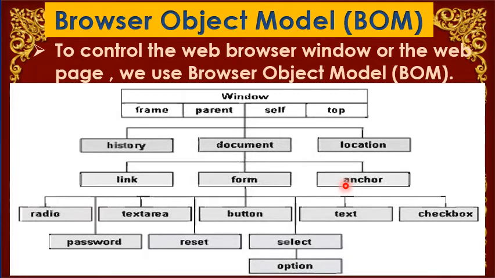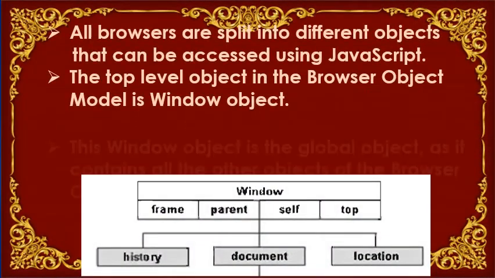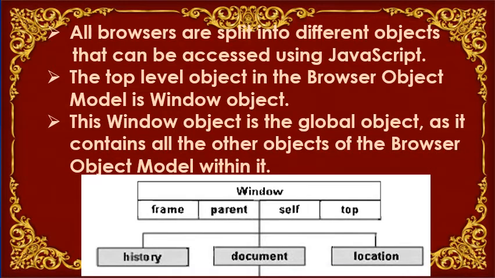So this window object is the global object, as it contains all the other objects of the browser object model within it. All browsers, may it be Google Chrome or Mozilla Firefox or Internet Explorer or some other browser, are split into different objects that can be accessed using JavaScript.